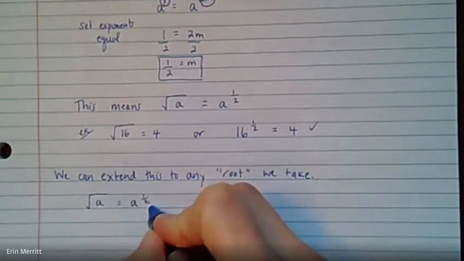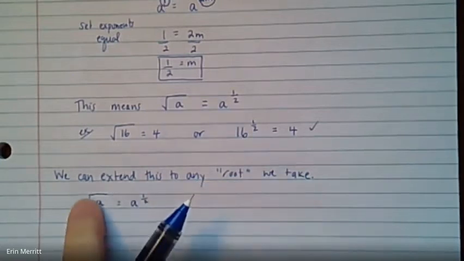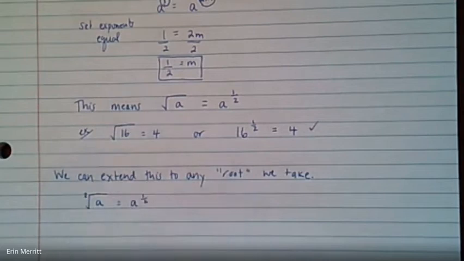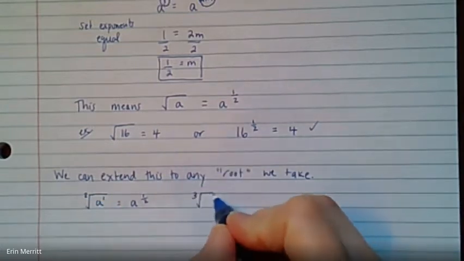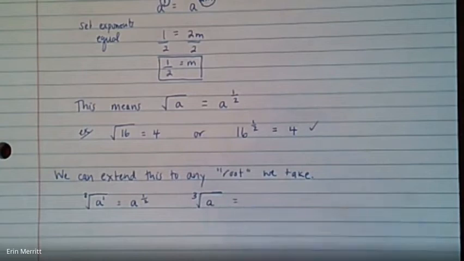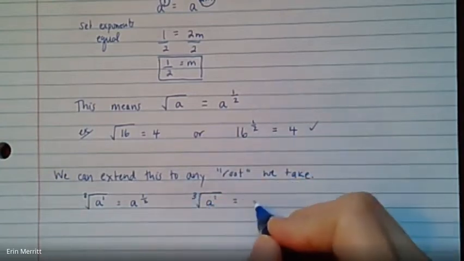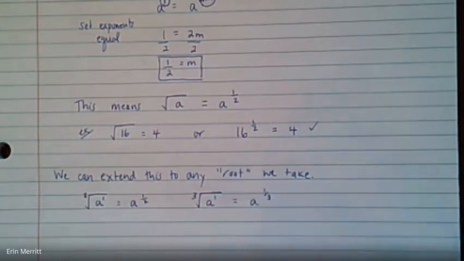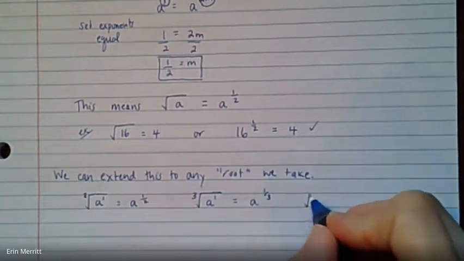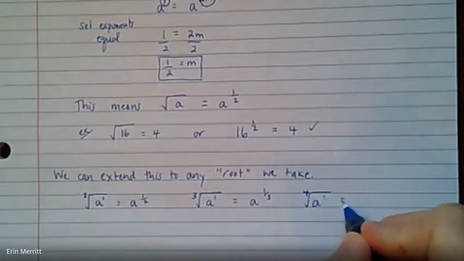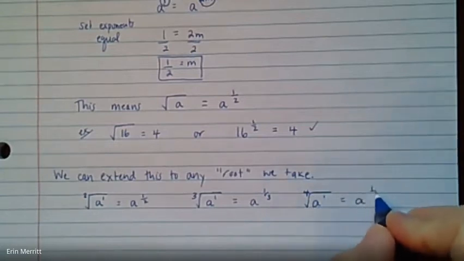Well, we know there's that little index value out here of 2, and the exponent on the a right there is 1. So you're just taking the exponent and dividing it by the root. If I then took a cube root of a, I could play the same game. There's an exponent of 1, dividing it by the root of 3. And same thing if I were to do a 4th root or a 5th root and so on. This would be equivalent to a to the 1/4 power.